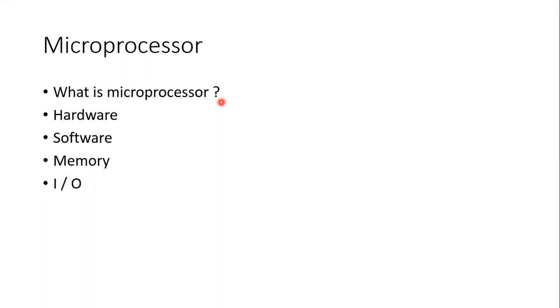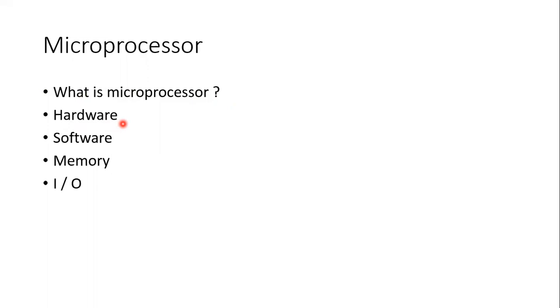Now, a microprocessor system consists of hardware and software. You know what hardware is? The hardware is the physical component of the system. Then software.